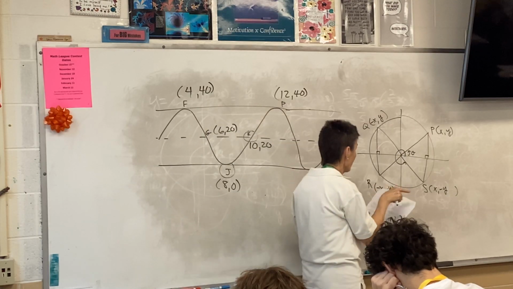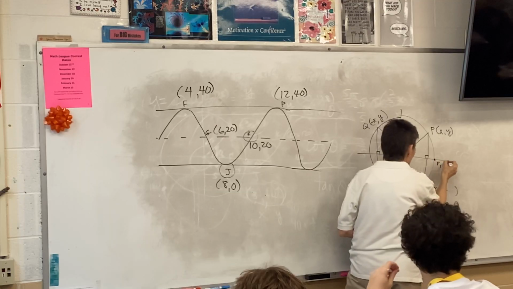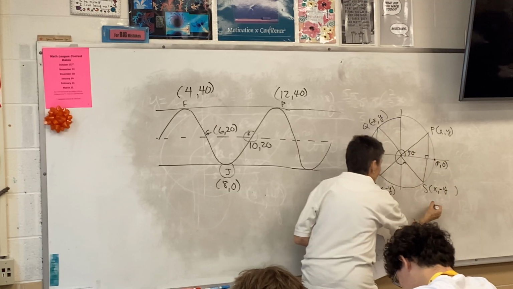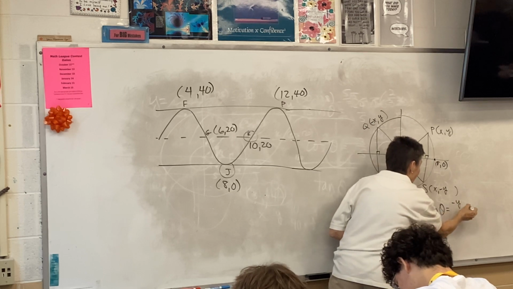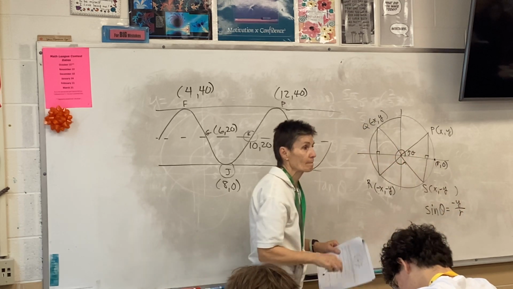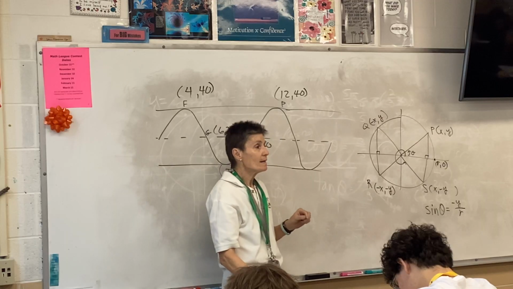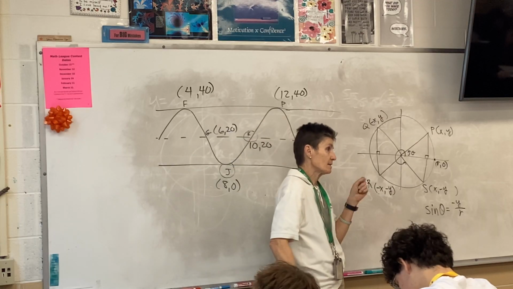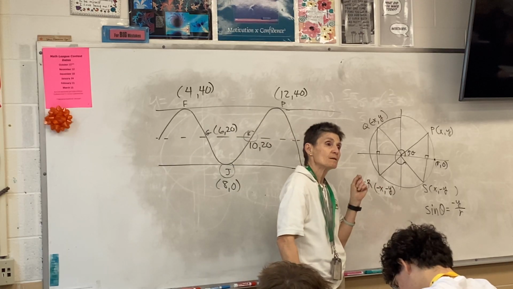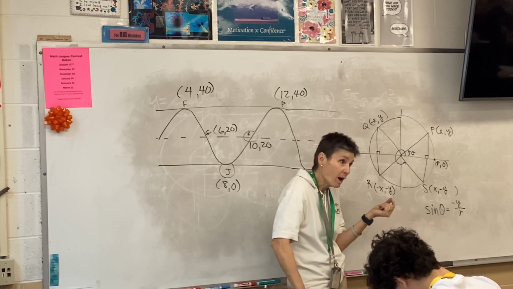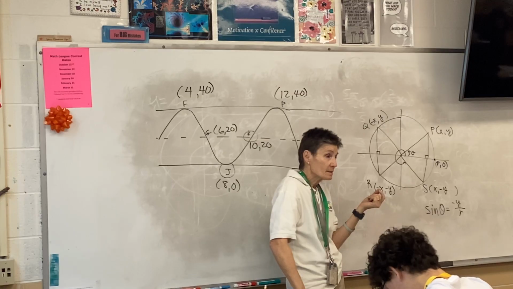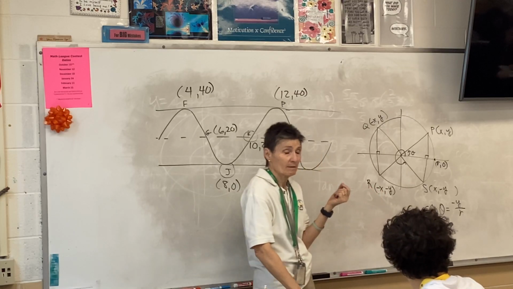And I don't know what r is. They just told me it's r. So the sine right here would be negative y over r. Why does it make perfectly good sense for the sine to be negative at point S? Sine is y, right? Sine's gonna be negative whenever y is negative.